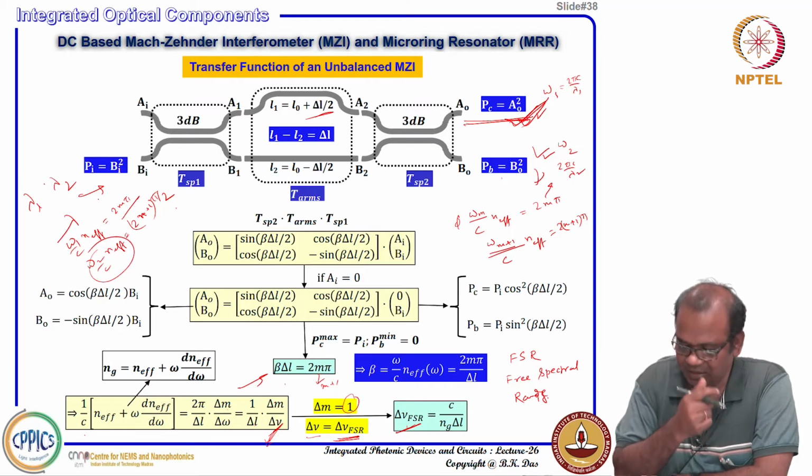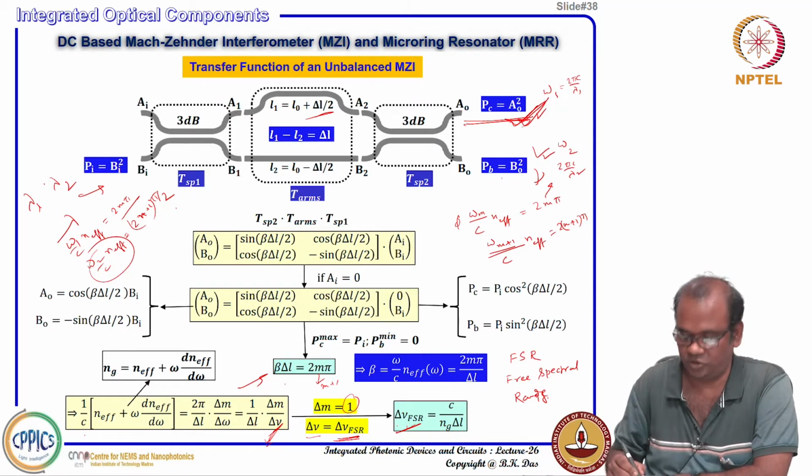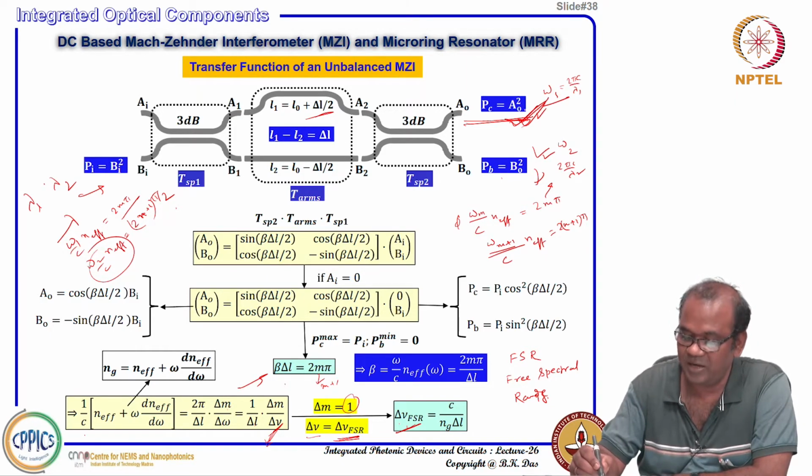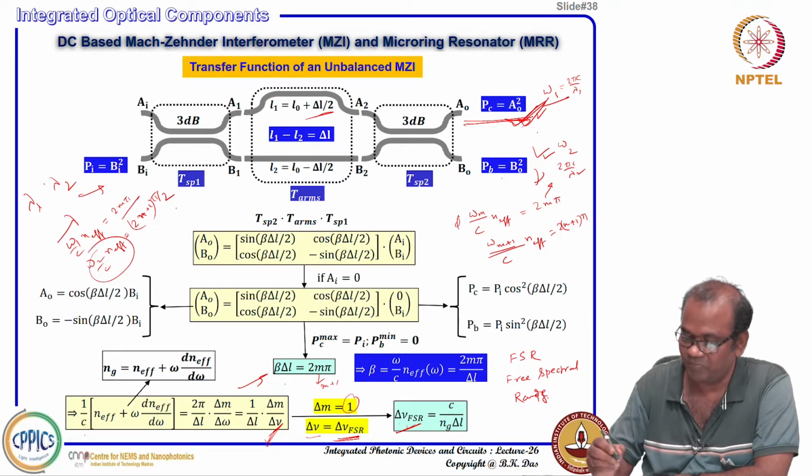But the thing is that I can design the free spectral range, so-called delta nu FSR, such that if one frequency is appearing in the cross port, then what will be the next frequency? If nu 1 equals c by lambda 1, for example, the next frequency will be nu 1 plus delta nu FSR.